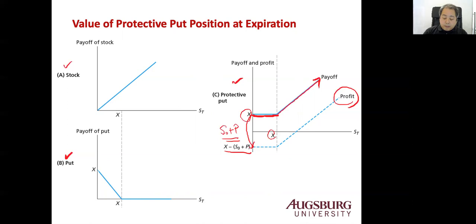Compared with only the stock, you have less profit when the stock price starts to rise, because you have to pay the put premium, that's the price of your insurance, but you can limit your loss up to this point. You're not going to lose this part, so you limit your loss. That's how the protected put works.